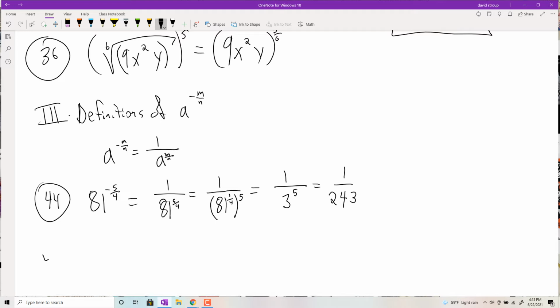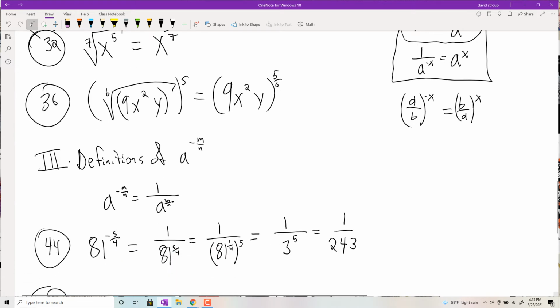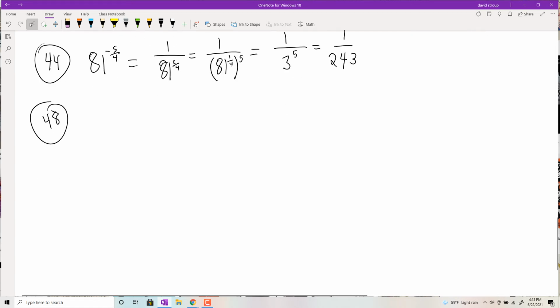Okay, anyways, let's get 48. Another rule of exponents you may have had: let's say a over b to the negative x, you could rewrite it as b over a. So you flip the fraction and then write it to positive x. That's the same thing we're going to look at in this example.